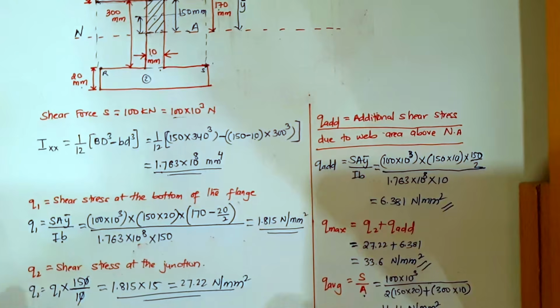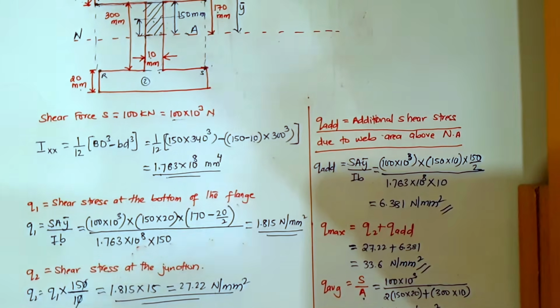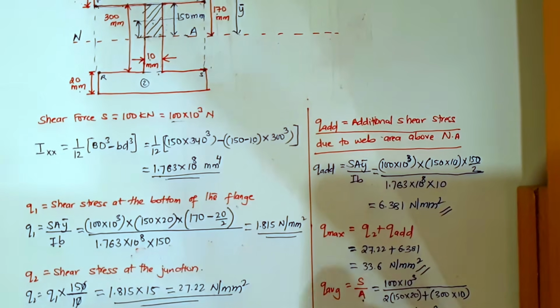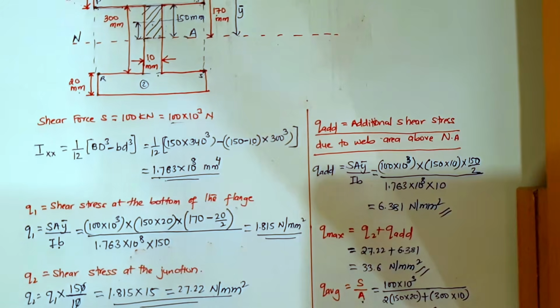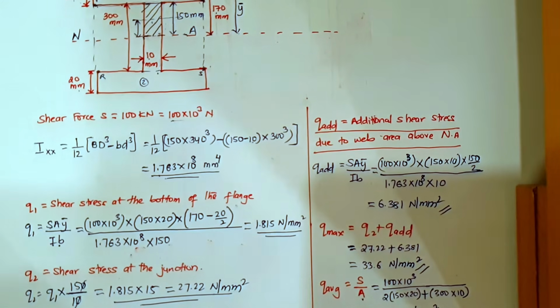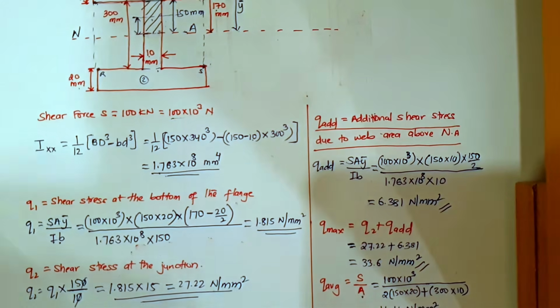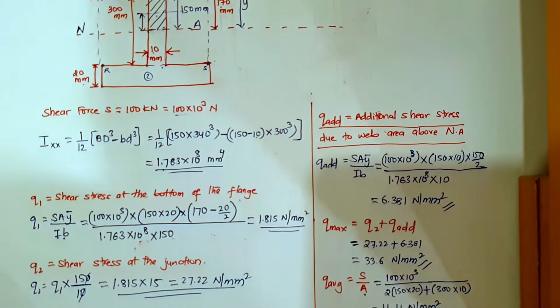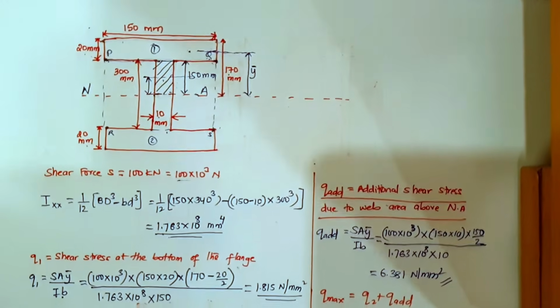But right now Q average is not asked in this question, but in case you are asked, you can find it in this manner. Okay, now let us draw the shearing stress distribution diagram.